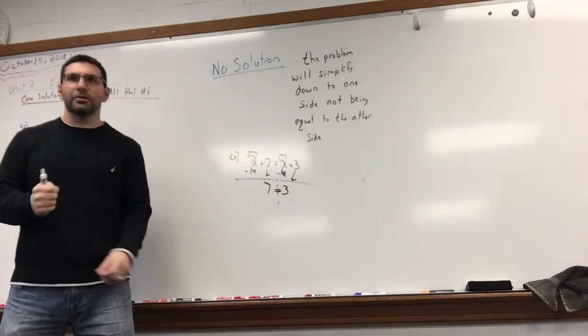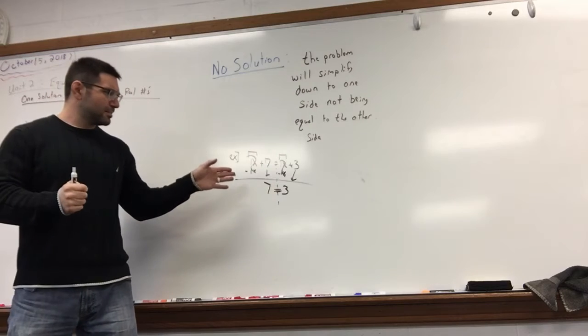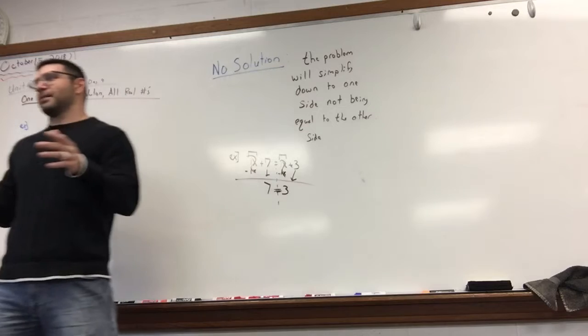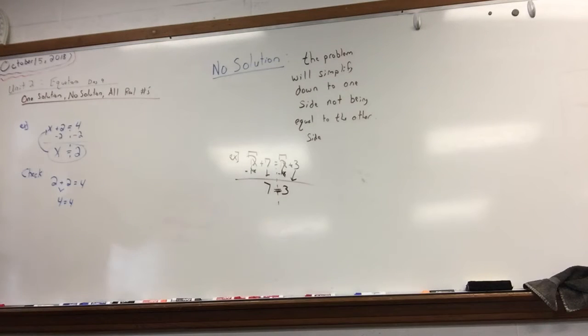One number equaling another number, except, can 7 equal 3? No. In no form of math will 7 be the same as 3. It's not going to happen.